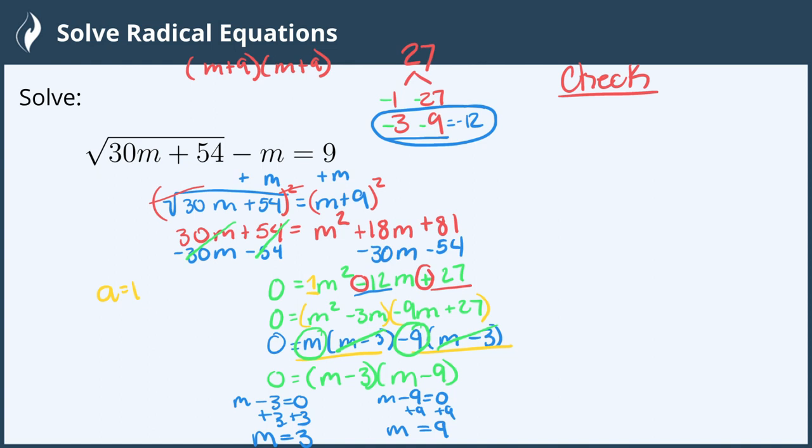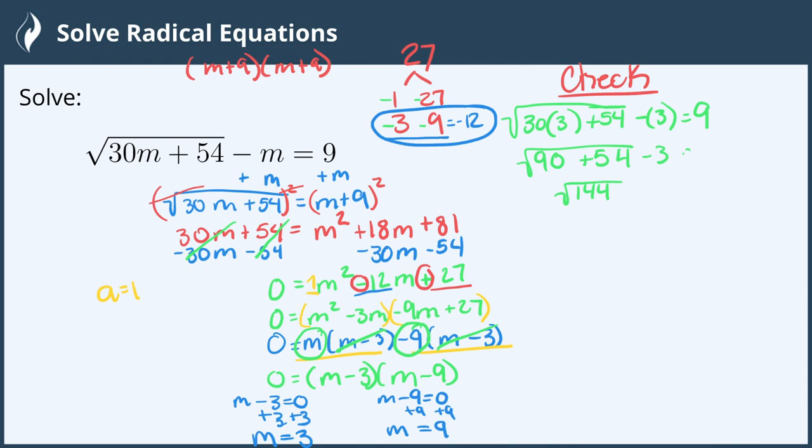a square root. So we'll go back to the original, and we have the square root of 30 times m, and let's check our first one, 3 plus 54 minus m again, which is 3, equals positive 9. 3 times 30 is 90, plus 54. 90 plus 54 is 144.